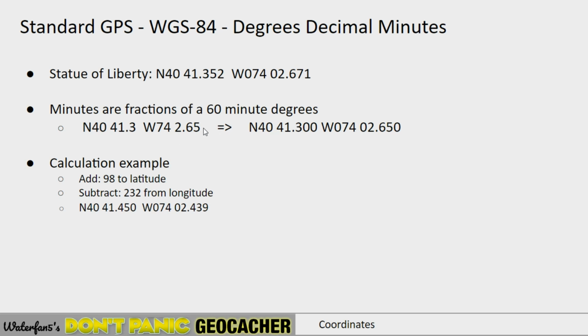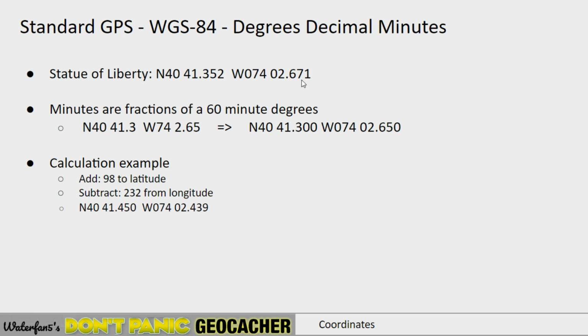Now for calculations, often you may see in a puzzle to say add this number to the north, or add this number to the longitude, add this number to the latitude. And what is then meant, if not further specified, is for example like this. Add 98 to the latitude means simply 352 plus 98 would mean 450.